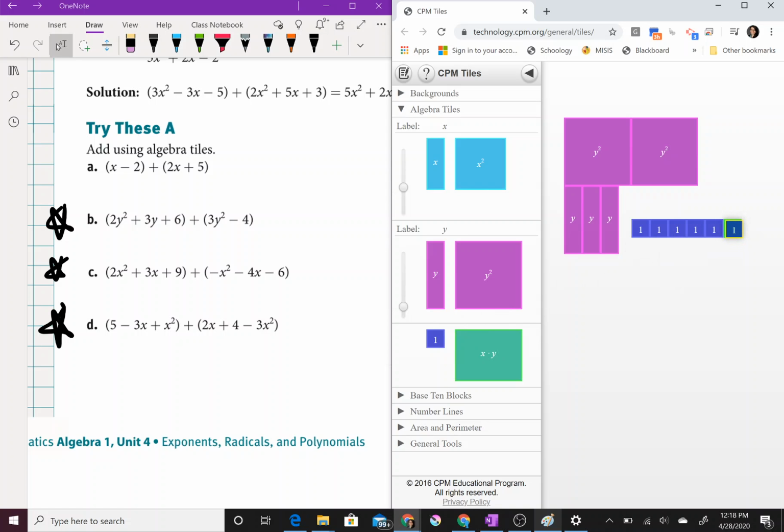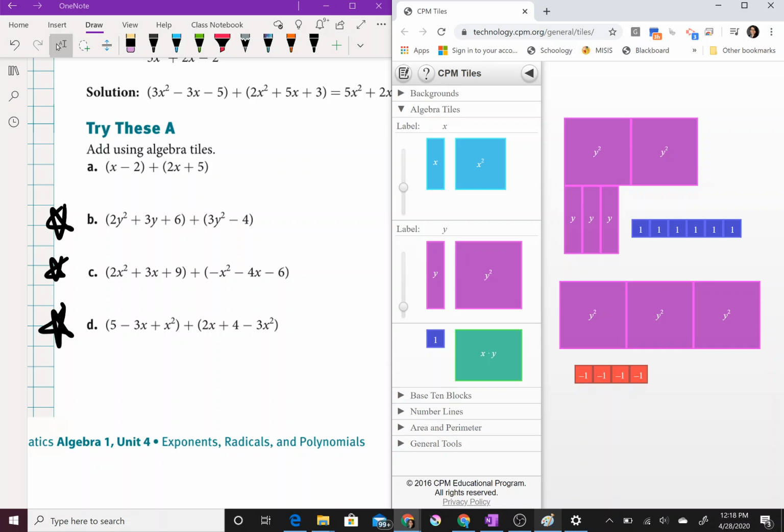Okay, so with that polynomial, I am also adding 3y squared minus 4. So I have 3 y squared tiles, and then if you're using this website, you can represent -4 by putting those out here, and then you can click on them to represent the negative value of that.